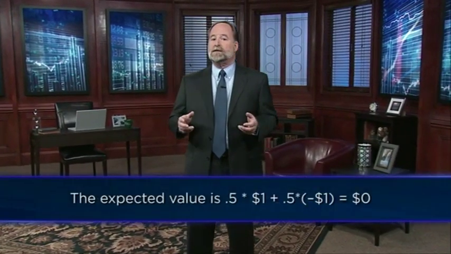For example, consider the flip of a fair coin. Let's say that you get $1 if it comes up heads, and you have to pay $1 if it comes up tails. The expected value is 0.5 times 1 plus 0.5 times -1, which equals 0. If a coin is flipped and it comes up heads, we would say that 1 was the realized value. If it comes up tails, then the realized value is -1.